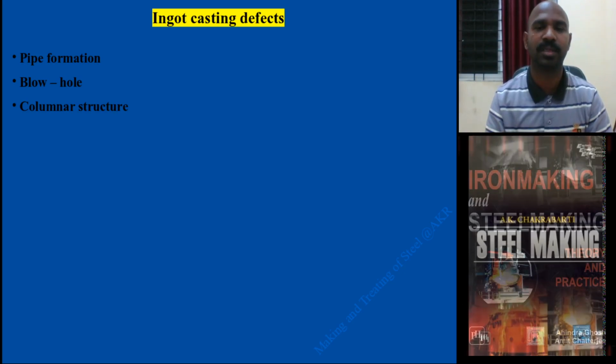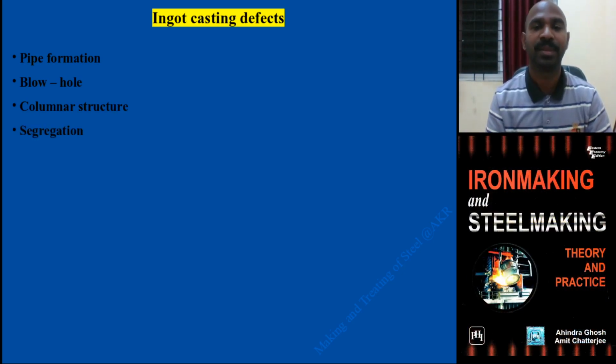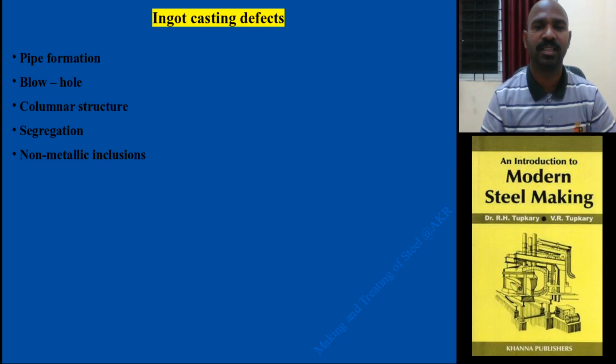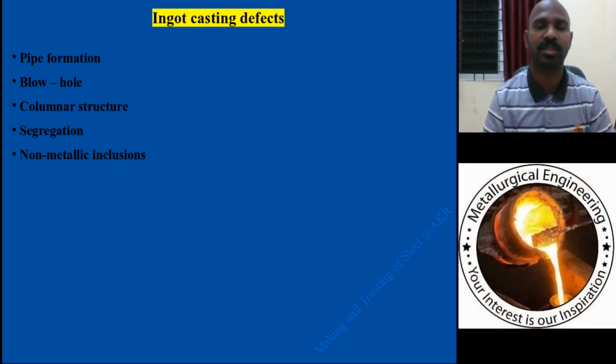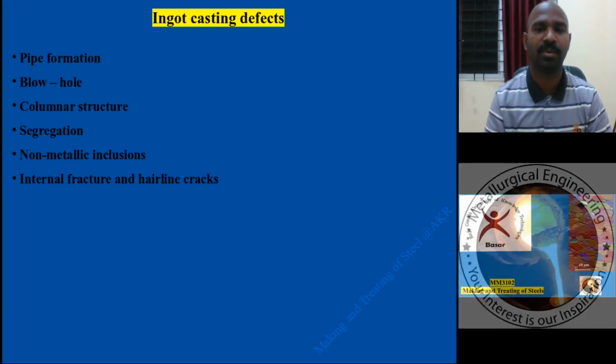Columnar structure is observed in killed steel, and segregation is observed in all kinds of steels. Segregation is nothing but chemical composition inhomogeneity, and non-metallic inclusions are observed in semi-killed and rimming steels. Internal fractures and hairline fractures are observed in killed steels.